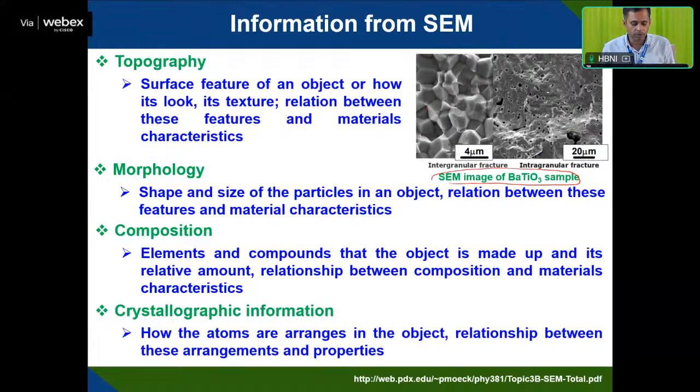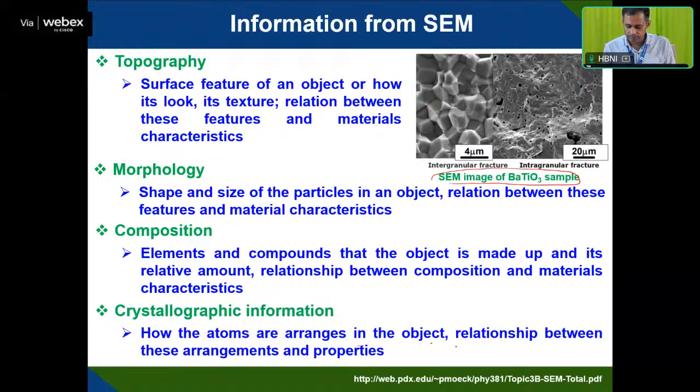You can also find out the composition, that is, the elements or compounds present in the material, and the relationship between the composition and the material characteristics. In addition, from the diffraction pattern you can get crystallographic information, the atomic arrangement of the object.